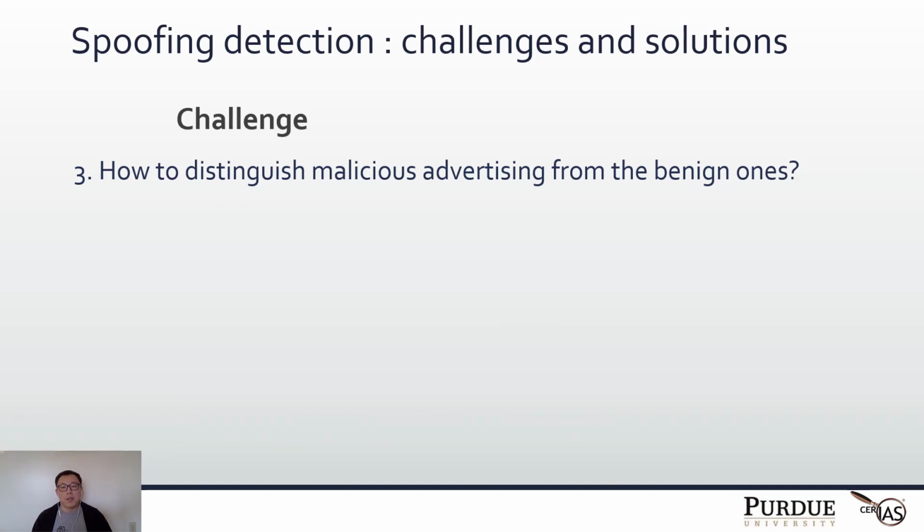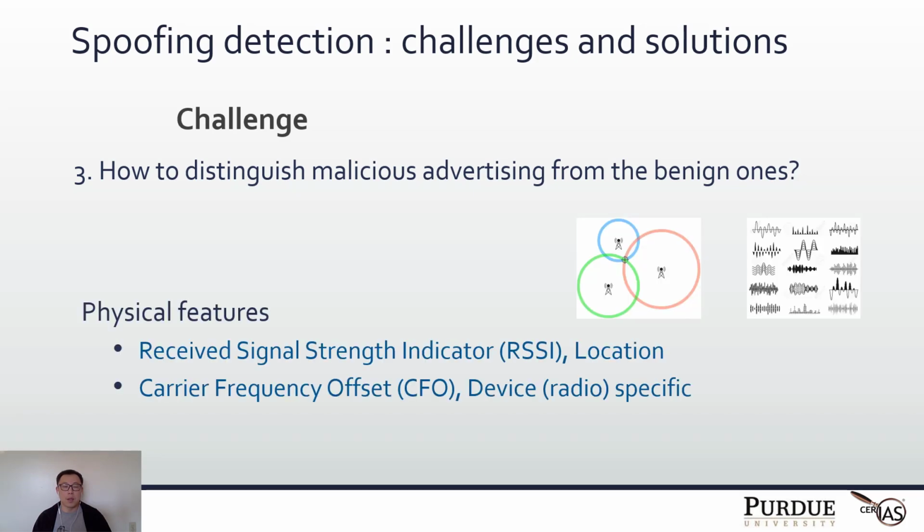To address this challenge, we use physical features to differentiate different advertising messages. Specifically, we use the following 2 physical features: received signal strength indicator and carrier frequency offset. The RSSI could roughly reflect the location of a BLE device, while the CFO is Bluetooth radio specific.